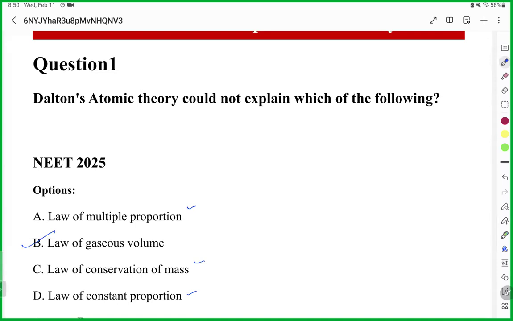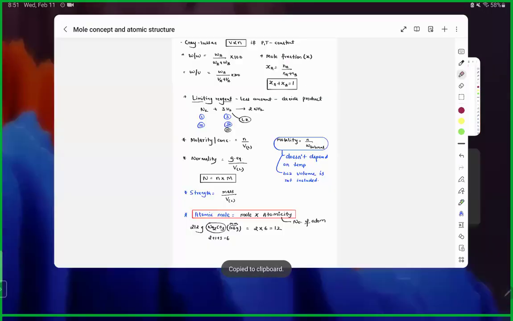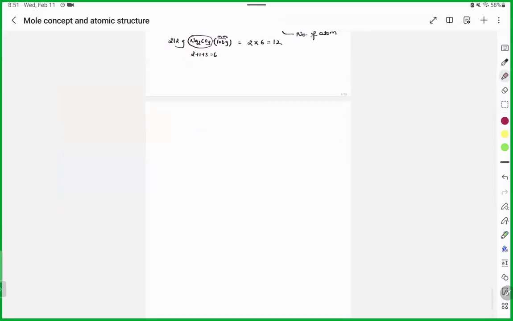Okay, so based on that, Dalton atomic theory, copy, here will paste.